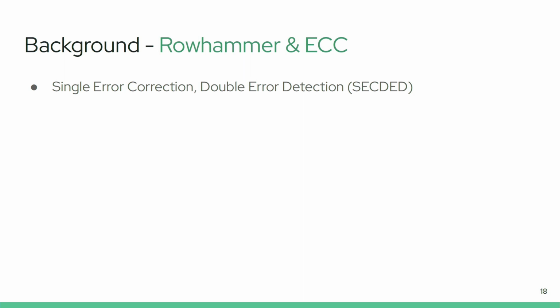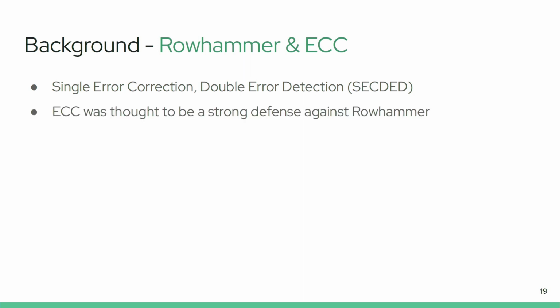And also a bit about ECC. ECC is commonly implemented with SECDED schemes, so you can correct a single bit error in a code word and detect two. Initially, ECC was thought to be the perfect defense for Rowhammer: implemented in hardware, very efficient, and could correct single bit flips. However, there are ways to exploit even ECC systems.